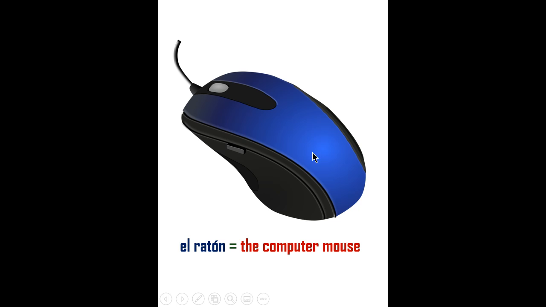And so this could be either for a computer mouse in Spanish, or it could actually mean a little mouse, for example, a little rodent that you would find. Hopefully not in your houses. The computer mouse. El ratón.